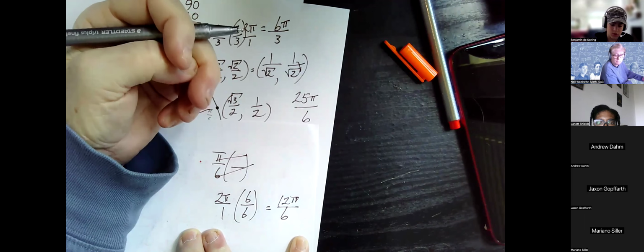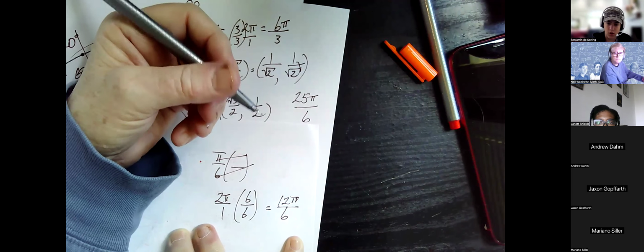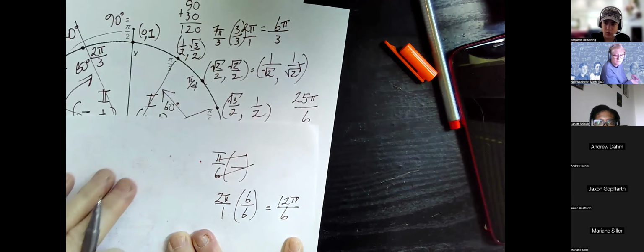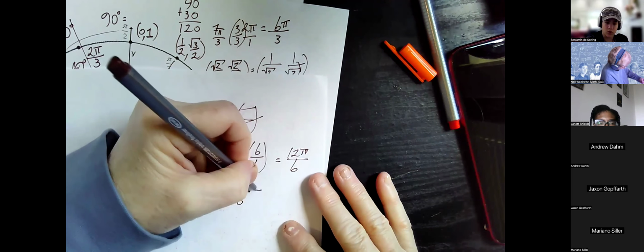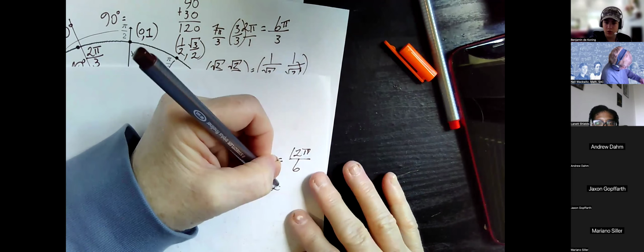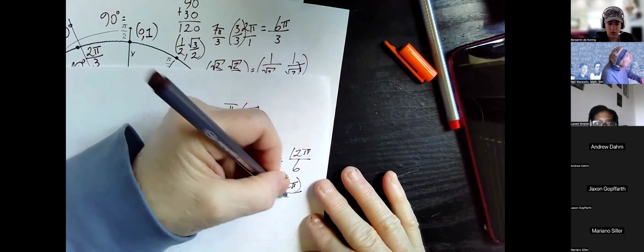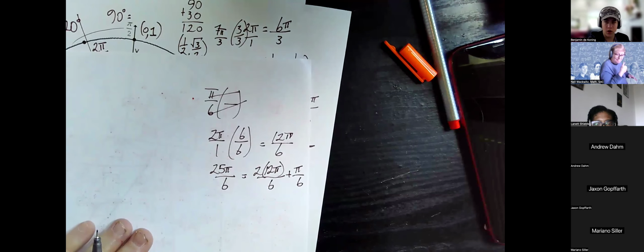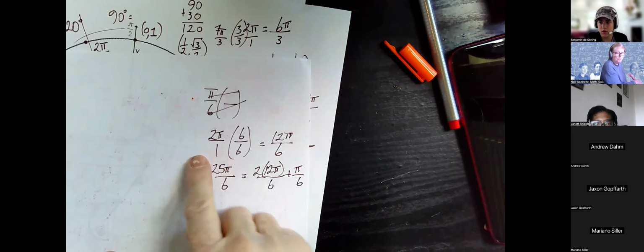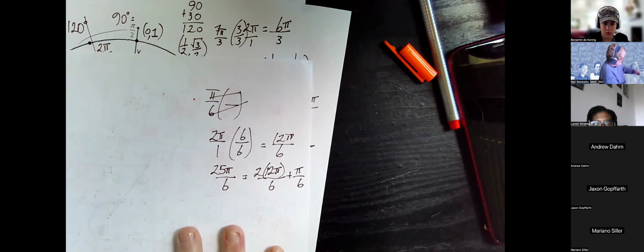We can just, because 25 pi over 6 is the same thing as 12 pi over 6 times 2, so it's 24, right? And then plus 1. So it would just be at 0 and then plus another 1 pi over 6, I guess. Yes, so we can subtract off 12 pi over 6's. We'll subtract twice.